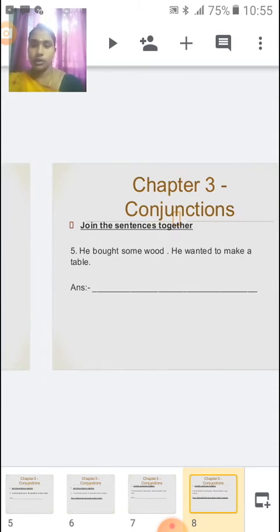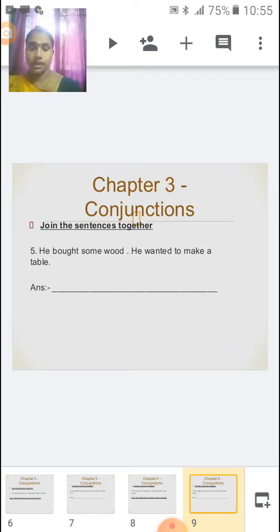Let us move on to the fifth one. He bought some wood. He wanted to make a table. These two sentences are separate, and you need to join them as one whole sentence. The main thing here is he is going to buy some wood to make a table.